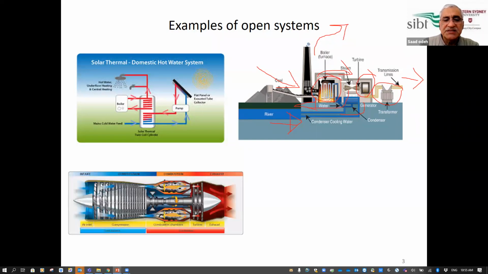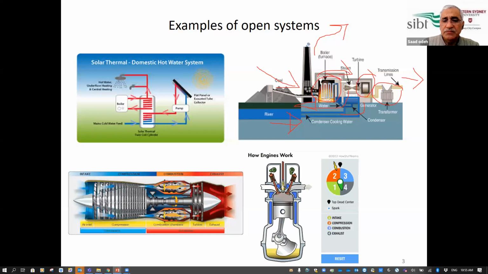There are so many other systems. For example, this is a gas turbine, which we use in, for example, aeroplanes or any other system that requires jet engines.